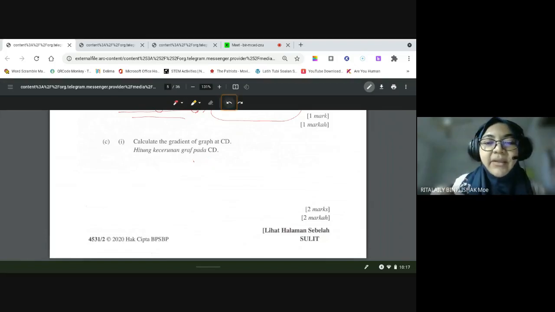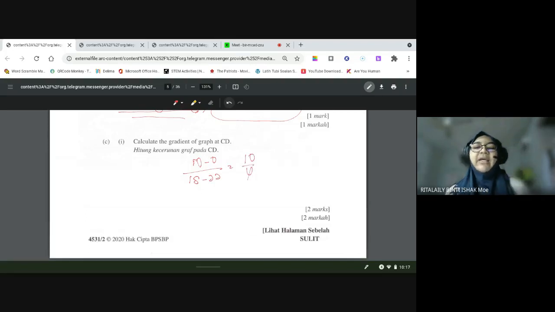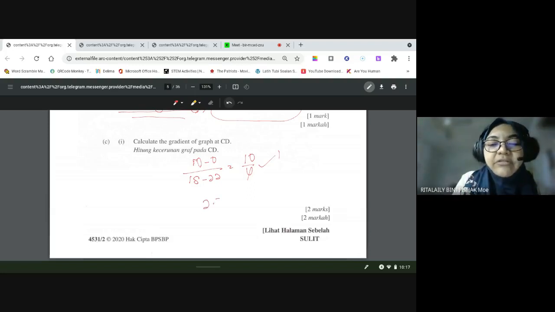Okay, 10 tolak 0 divided by 18 minus 22. So 10 divided by 4. Okay, so this is for the first mark. And then for the second mark, -2.5 m s^-1. Biasakan tulis unit.